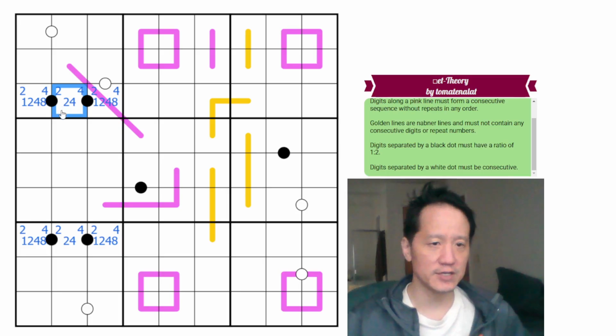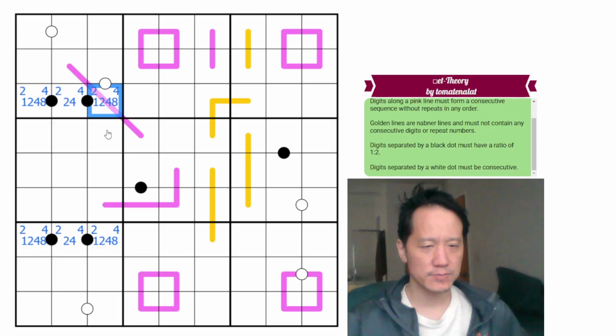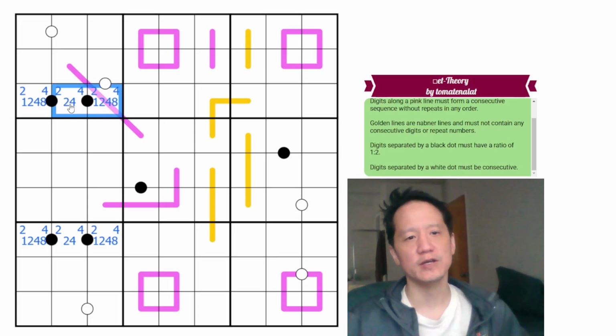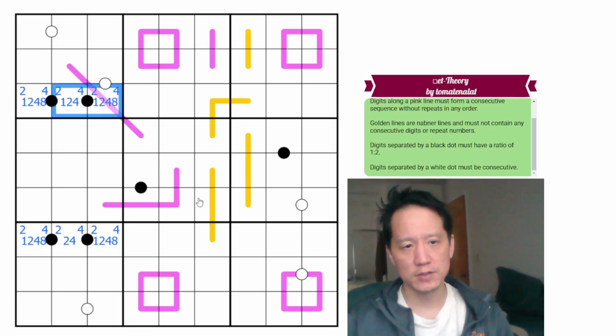So one of them is 1, 2, 4, and the other one is 2, 4, 8. But we don't know which one is which, essentially. Well, 1 can't be here, because if this were 1, this would have to be 2 to be consecutive. And we already know that the 1 would have to have a 2 there in a 1 to 2 ratio, so this can never be 1.